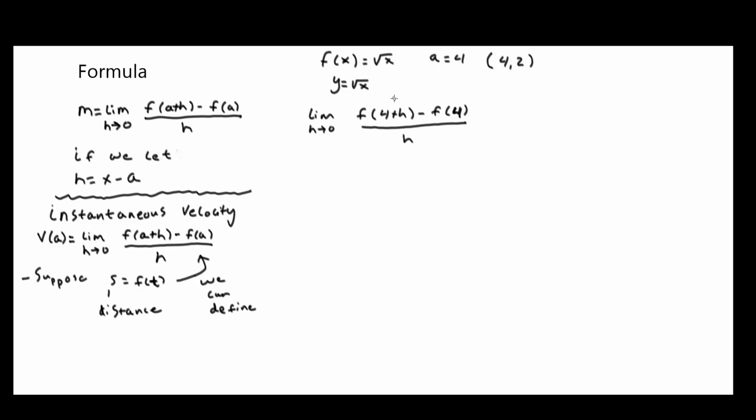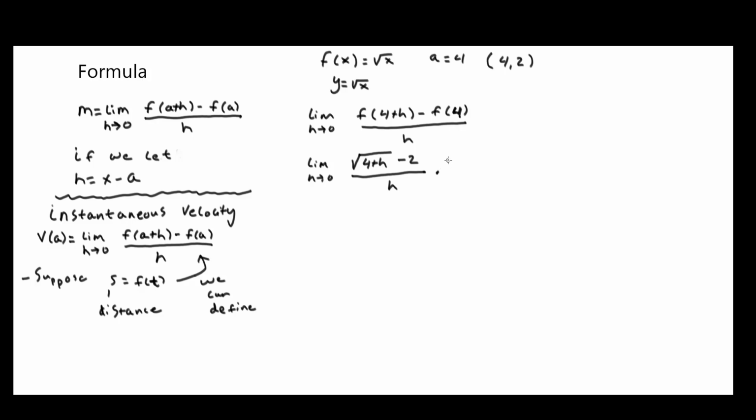So we end up getting, when we do that, we'll get a radical 4 plus h, and then once we plug this 4 value in, obviously we just get a 2, so minus 2 all over h. Now we've seen this before when we solved for these limits algebraically, so we're just going to go ahead and get the conjugate of this.